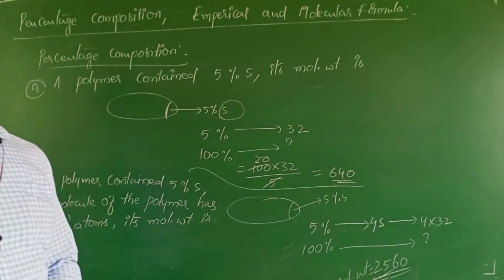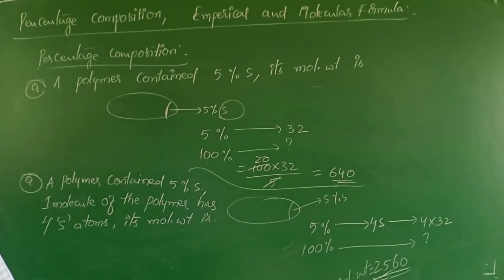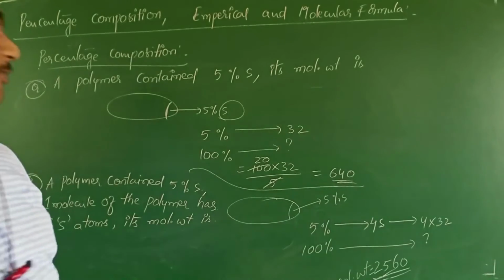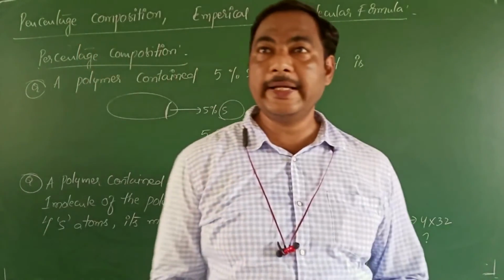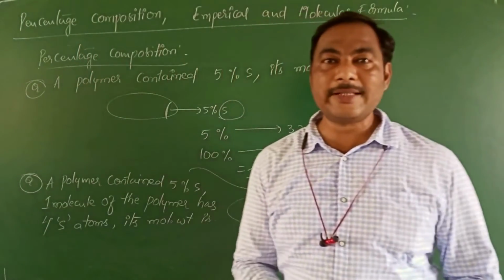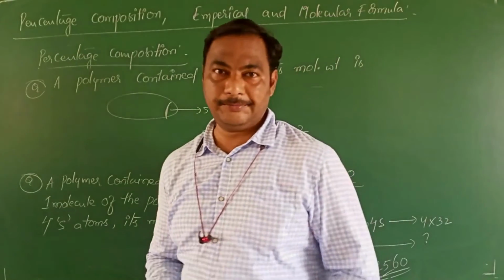Now, we'll go to one more simple question based on the same model. Hemoglobin. Write down the question, students. You have to solve the question by yourself. Hemoglobin contains 0.33% iron.